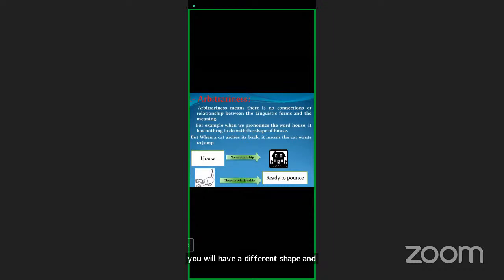The structure will also be different. But the word house actually signifies a particular structure where human beings used to stay. Similarly, there is no relationship with a particular structure and the word house. Did you get it?